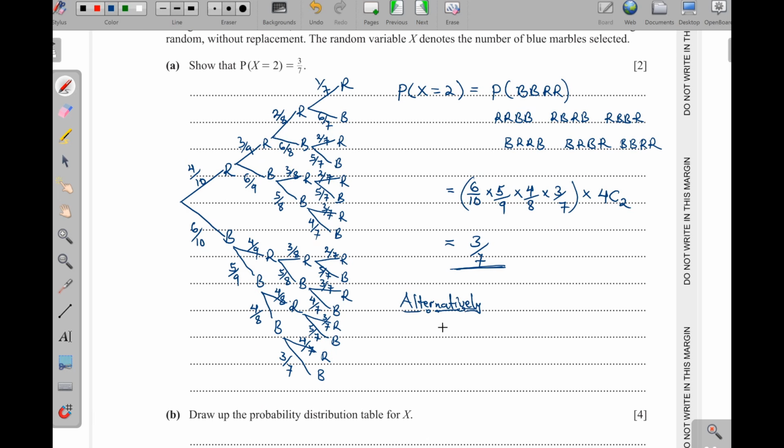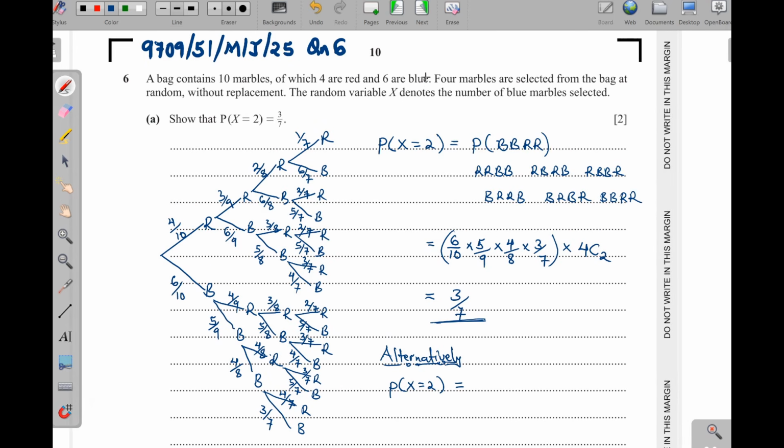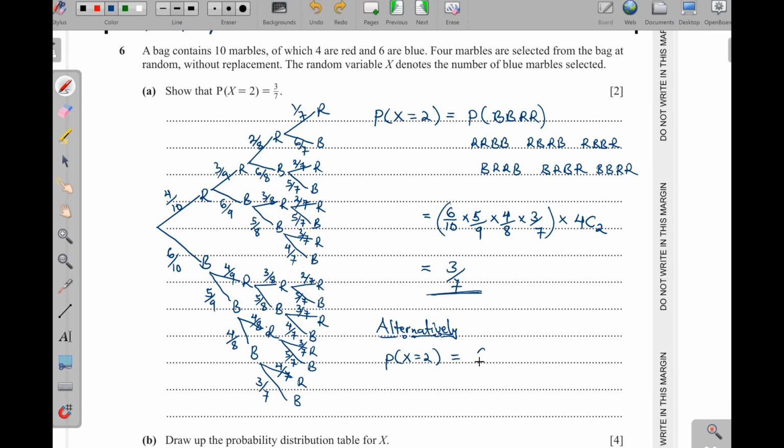We are getting probability of x which is equal to 2. Blues, how many are they? They are 6. So out of the 6 we need 2. So you say 6 combination 2, then times, because we are choosing at random, reds, which are 4. Even these ones we shall choose 2, because remember you are picking 4 marbles.